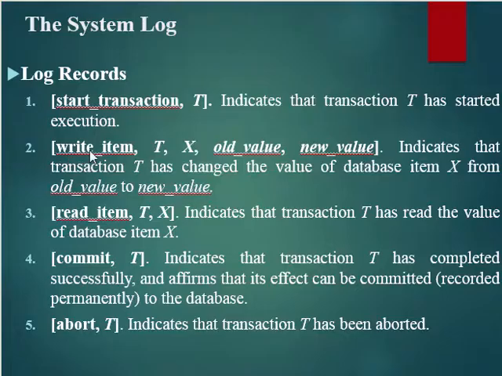It is in the format write_item, then the second parameter is the name of the transaction, then the name of the data variable that transaction T is going to update, then the old value of X or the data item, and the new value of the data item. The third type of entry is read_item. It indicates that transaction T has read the value of the data item X. By looking into that, we can identify what all data variables the transaction read while it executed.